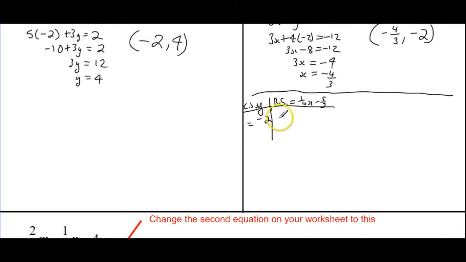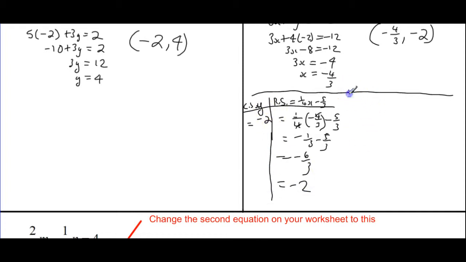So the y value is negative 2. I have 1/4 times negative 4/3 minus 5/3. So the 4's cancel here. Gives me negative 1/3 minus 5/3, which is negative 6/3, which is negative 2. I'm a little sloppy with the tablet. So that checks.